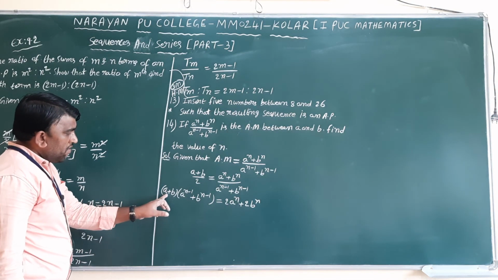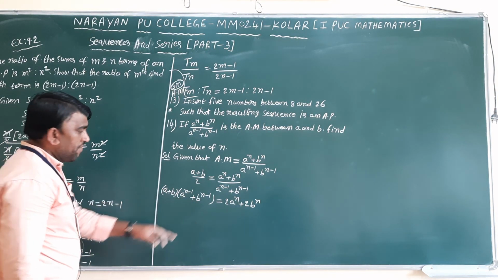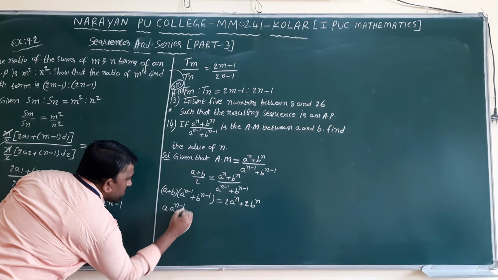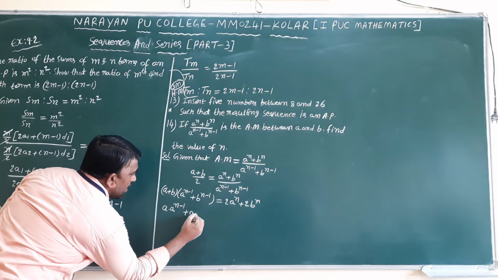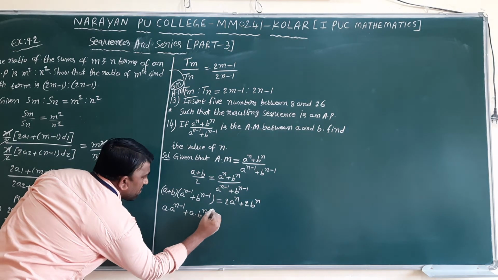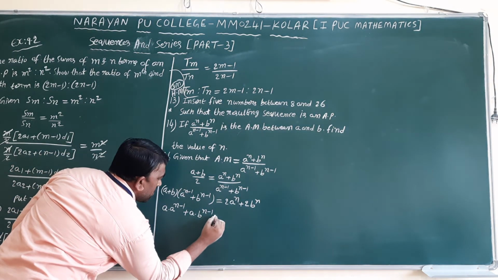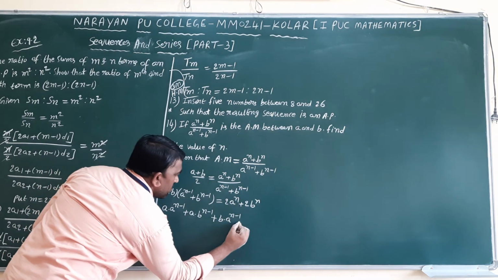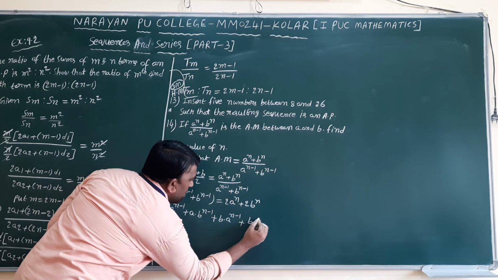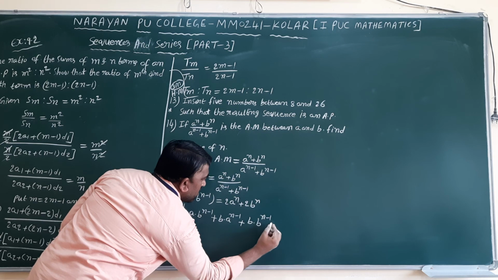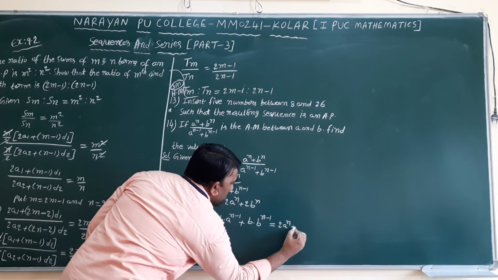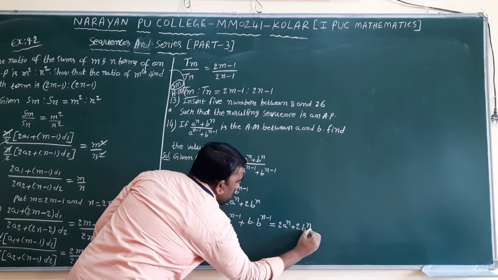Now the second term: multiply with a into a power n minus 1 plus a into b power n minus 1. Next multiply with b into a power n minus 1 plus b into b power n minus 1 is equal to 2a power n plus 2b power n.